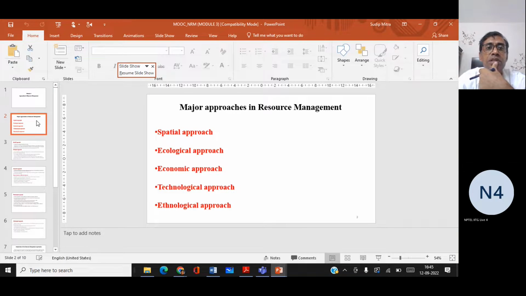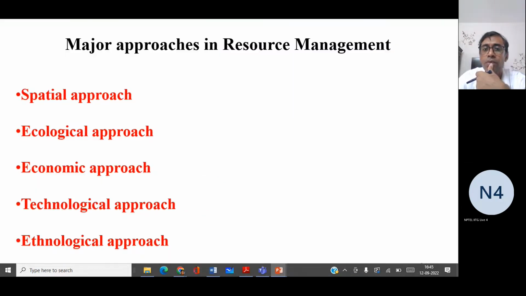Yes, we discussed the approaches of natural resource management, for people who want to get into the natural resource management profession.